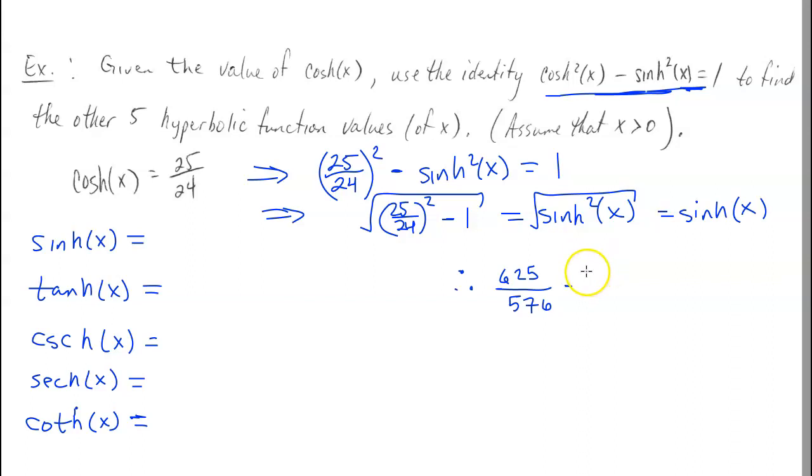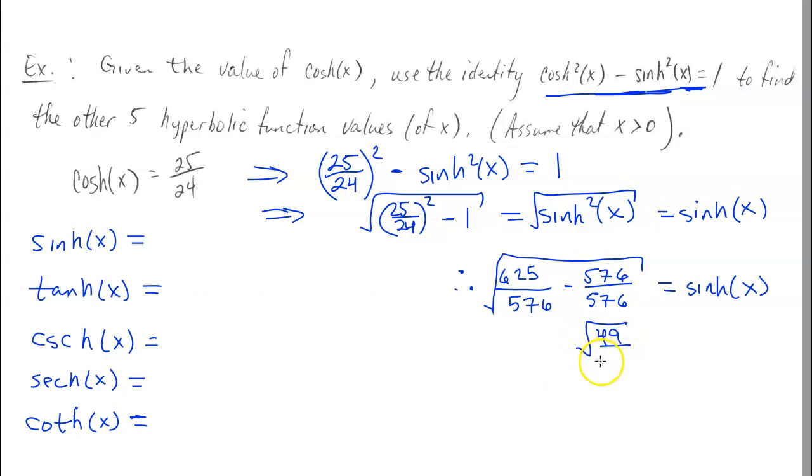We want to subtract 1, but we're going to write 1 as 576 over itself. Then we take the square root of that, and this turns out to be the square root of 49 over 576. The square root of 49 is 7, and the square root of 576 is 24. So we see that sinh of x is 7 over 24.